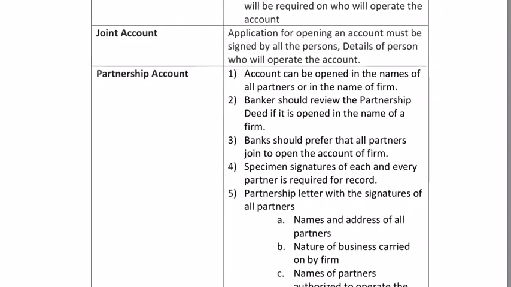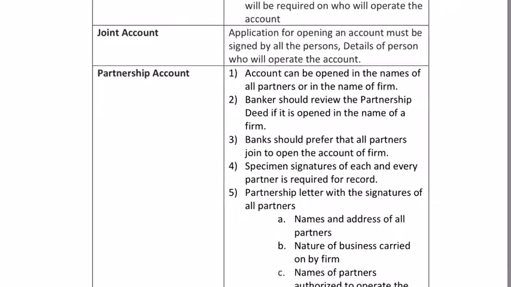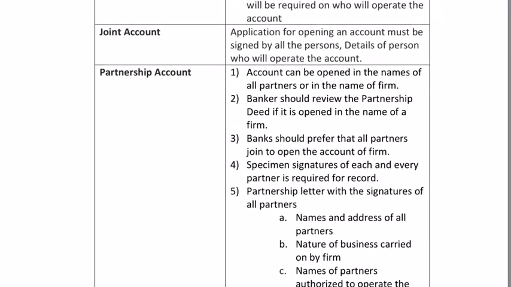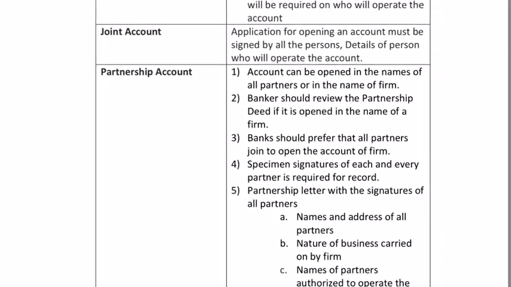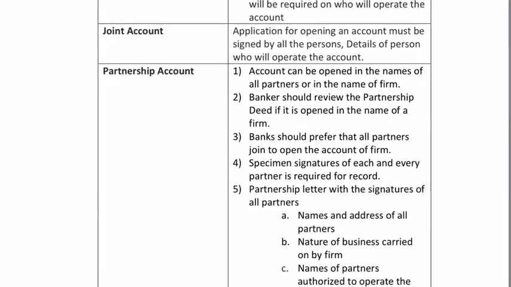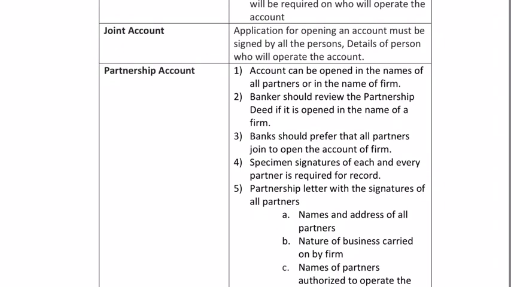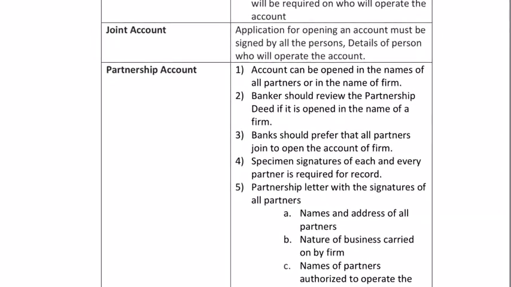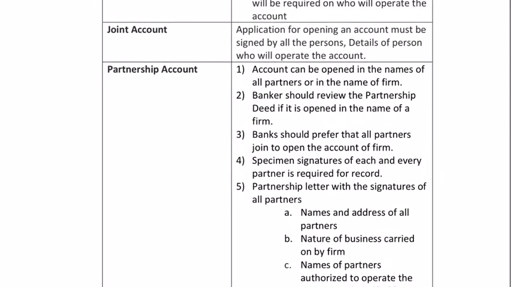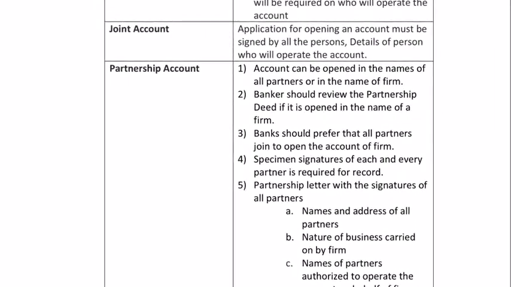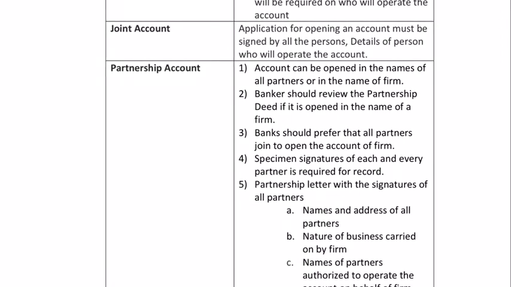In case of partnership firms, when they open an account with the bank, the account can be opened either in the names of all the partners or the firm itself. Bankers should review the partnership deed in case it is opened in the name of the firm. And banks should prefer that all the partners be present at the time of account opening, and the specific signature of each and every partner is also requested.